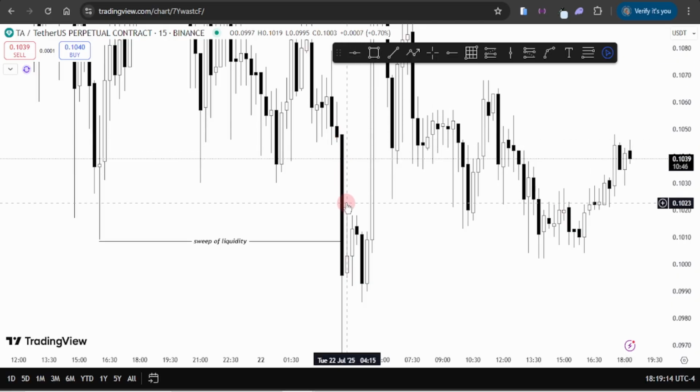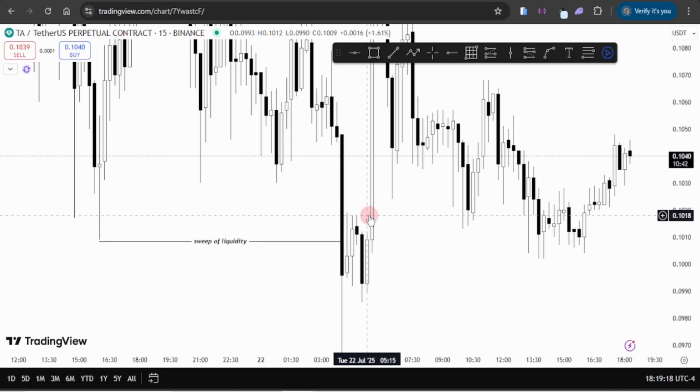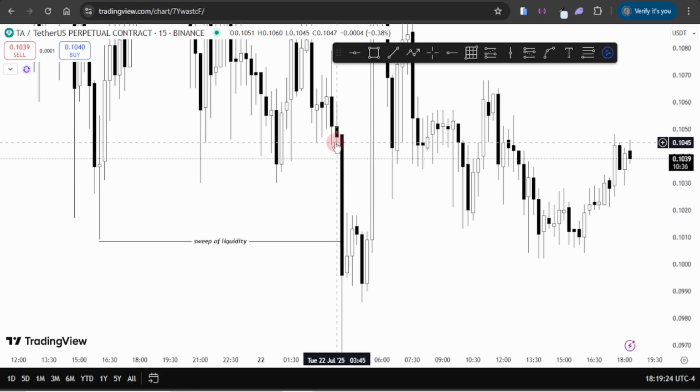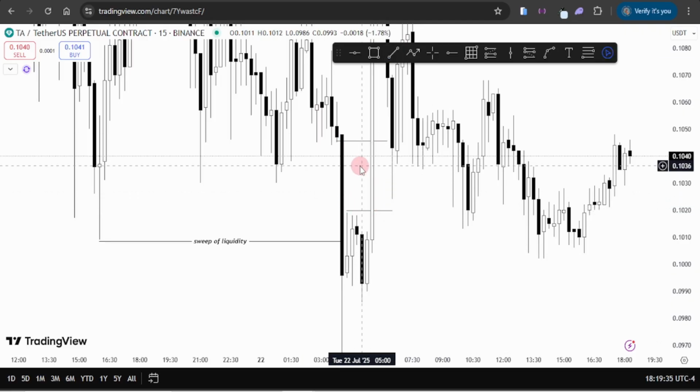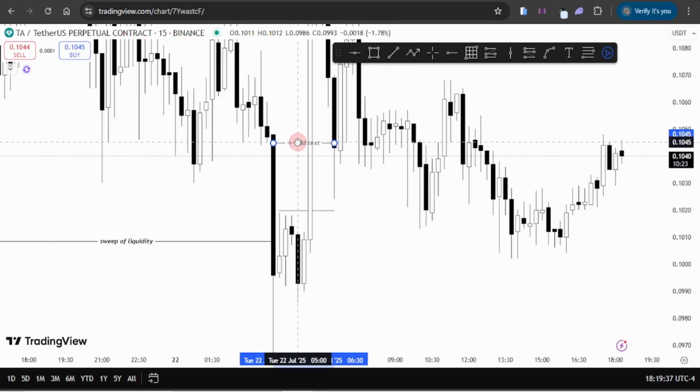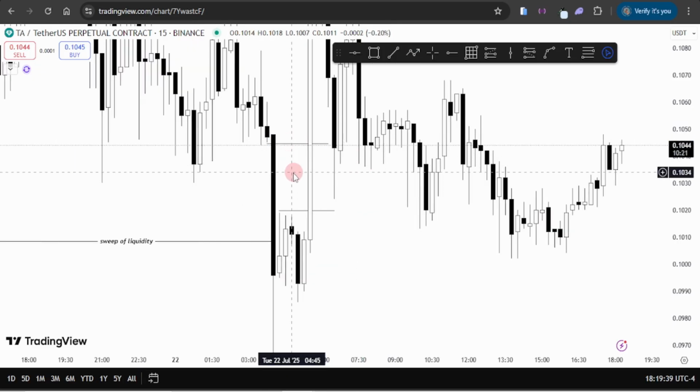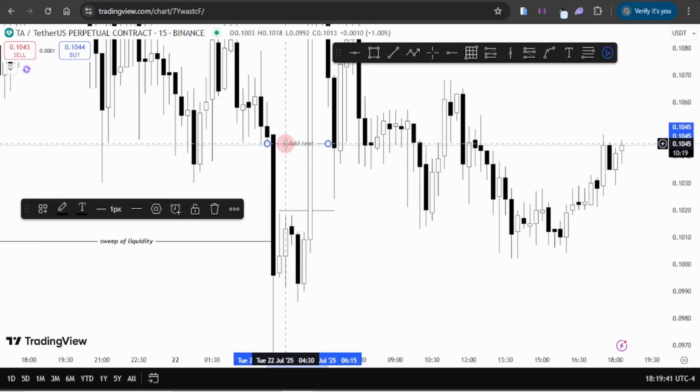So this fair value gap was actually invalidated and turned into an inversion fair value gap once price closed above it. So this is what we are marking out: the low of this candle.